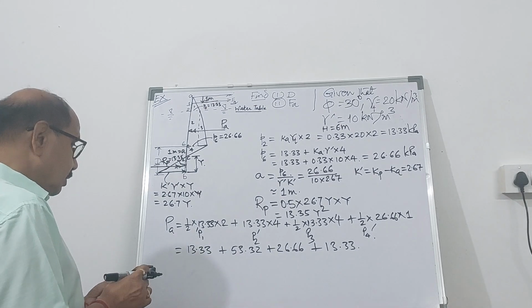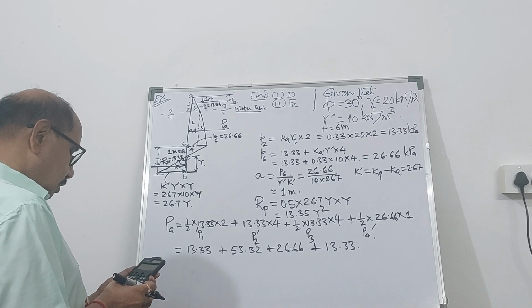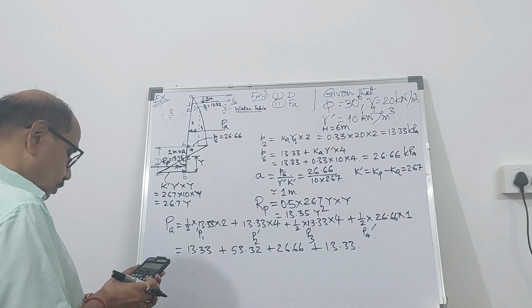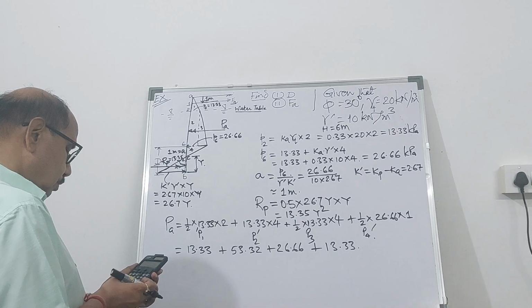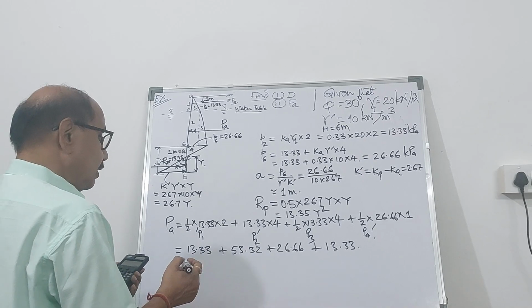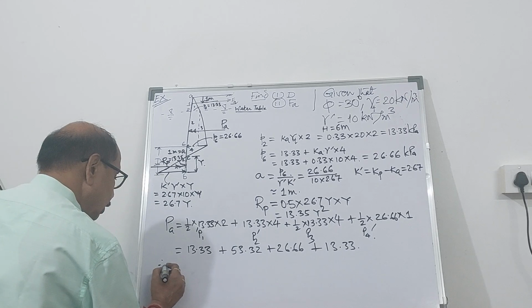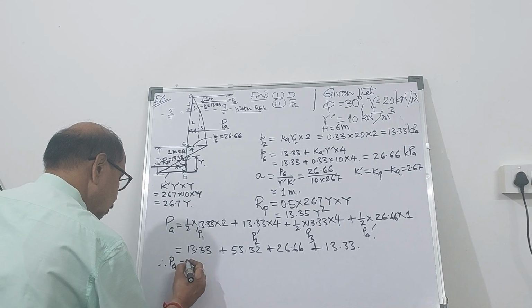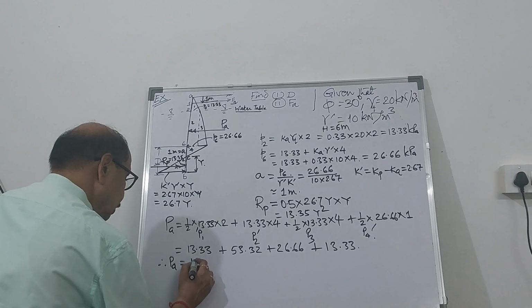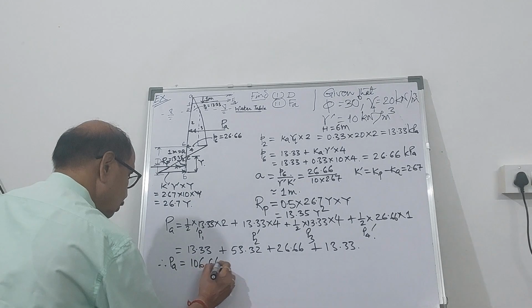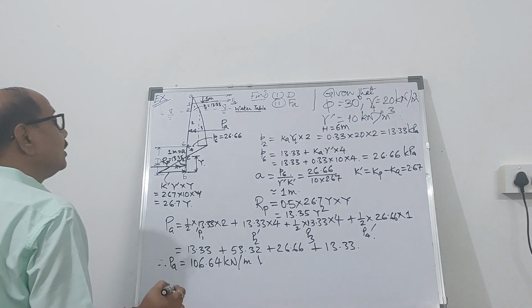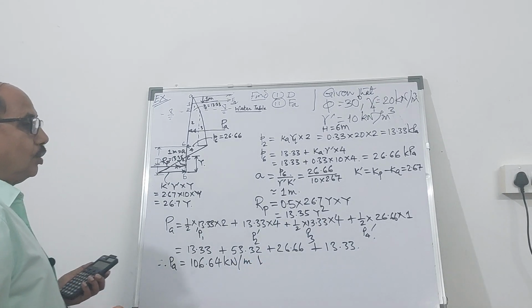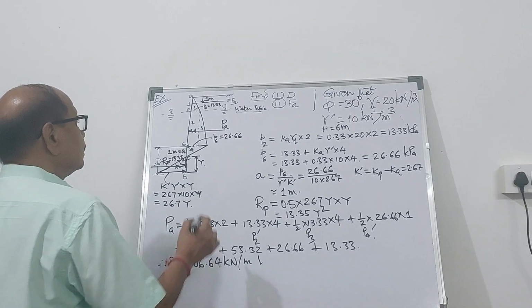So if you sum up, 106 point. So PA therefore equals 106.64 kilonewton per meter length of the sheet pile. So you have got the value of PA.